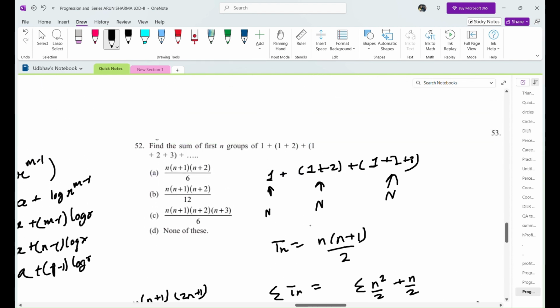And you can do it like this, or we can just find the value. Putting n equals 1, s1 equals to 1, s2 should be equals to 4.